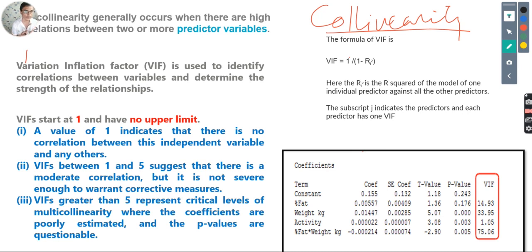Since you know that weight is related to the fat intake, if you take weight and fat together, they may not give the exact prediction because they are collinear, they are correlated.